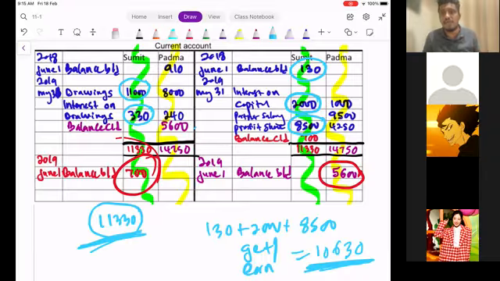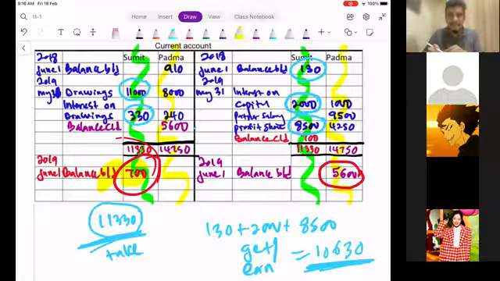He earned more or he took more? That guy owes me. Sumit owes me. That's why Sumit's balance BD is on the debit side. He owes the partnership. So that's why his balance is on the debit side. Do you understand or not?